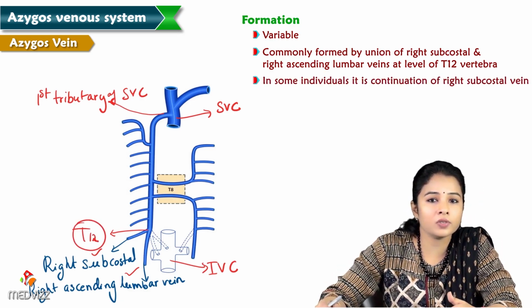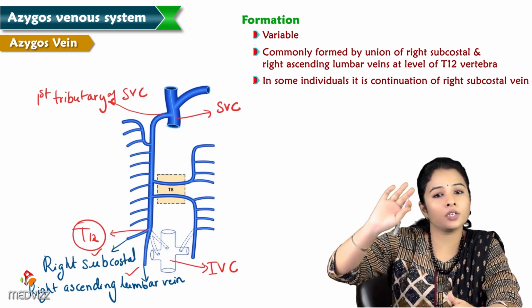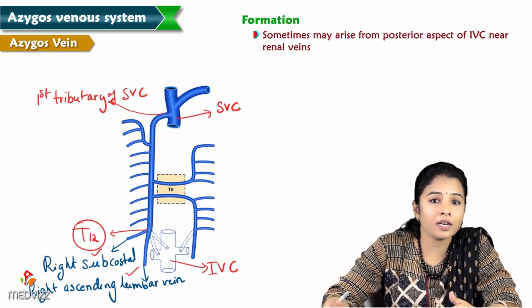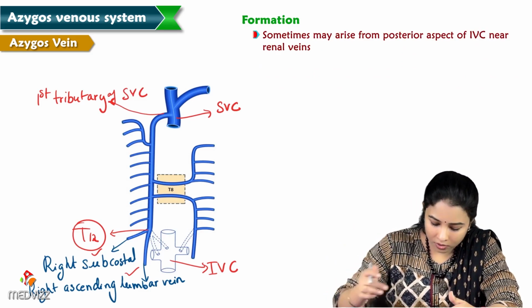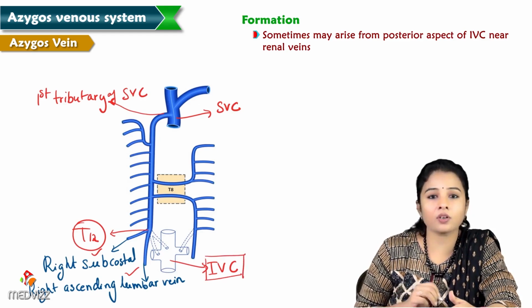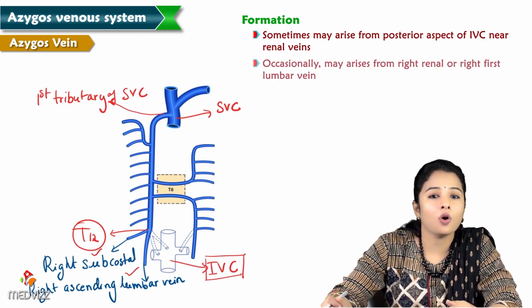In some individuals, it is the continuation of right subcostal vein. So only right subcostal vein continues as azygous vein, and sometimes it may arise from the posterior aspect of inferior vena cava, directly, near the renal veins.